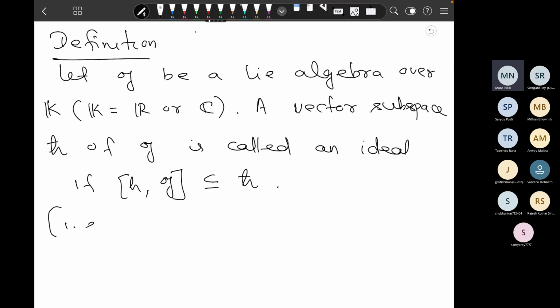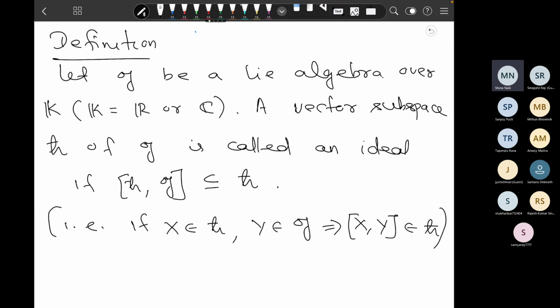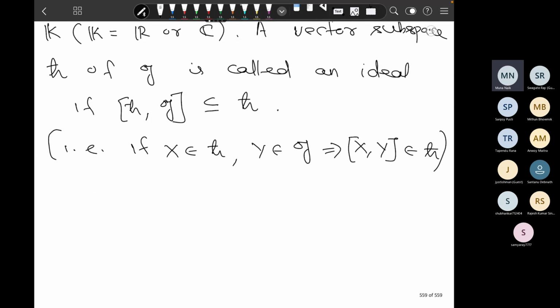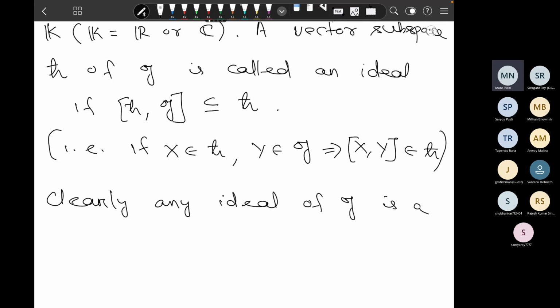That is, if X belongs to h and Y belongs to g, then the Lie bracket of X, Y belongs to h. Now clearly, any ideal of g is a subalgebra of g.